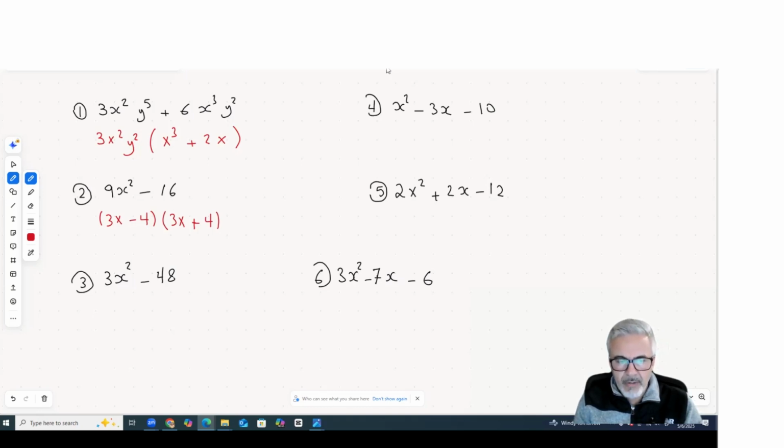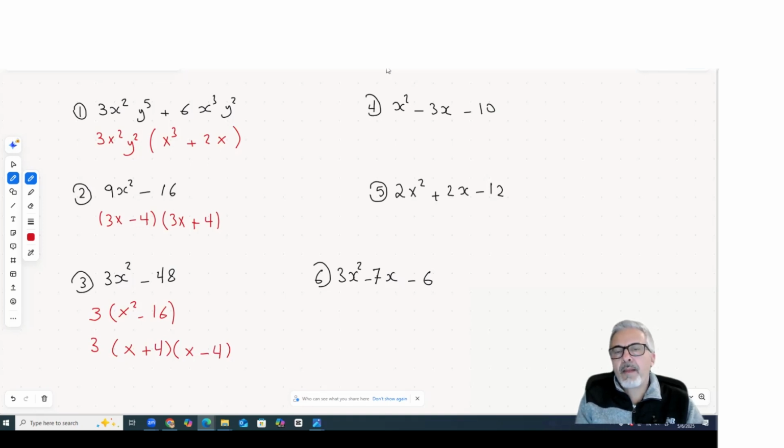So the first thing you do is take out the greatest common factor, which is 3, and if you factor out 3, you're going to get x squared minus 16. And now, this is a difference of squares. So you open two sets of brackets here, put an x in each, because the square root of x squared is x, then a plus and a minus. The square root of 16 is 4, you put that here, and that's finished.